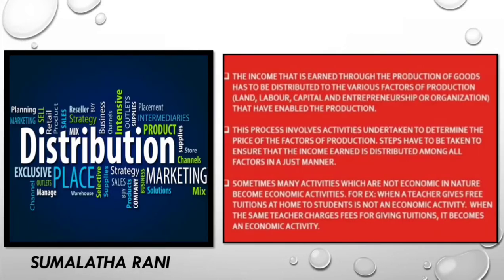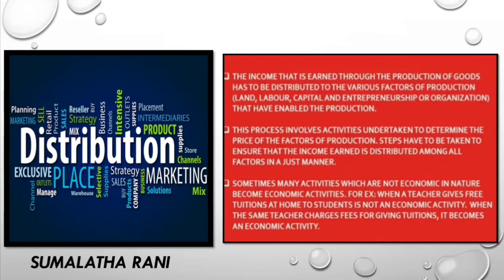Next, moving to distribution. The income that is earned through the production of goods has to be distributed to the various factors of production. For example, land, labor, capital, and entrepreneurship or organization that have enabled the production, which means that have made able to produce the goods and the service.